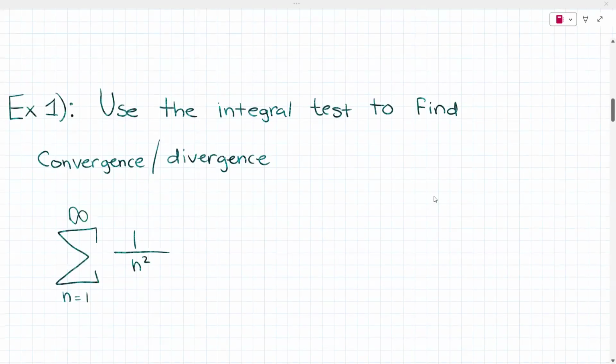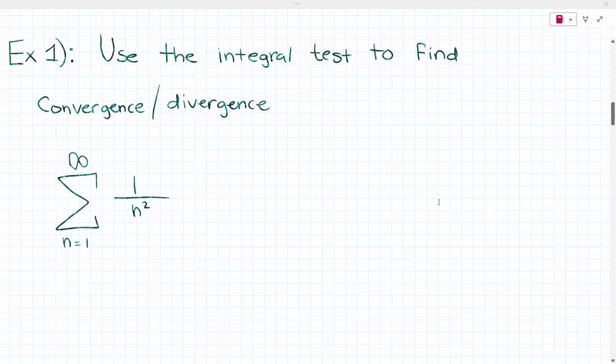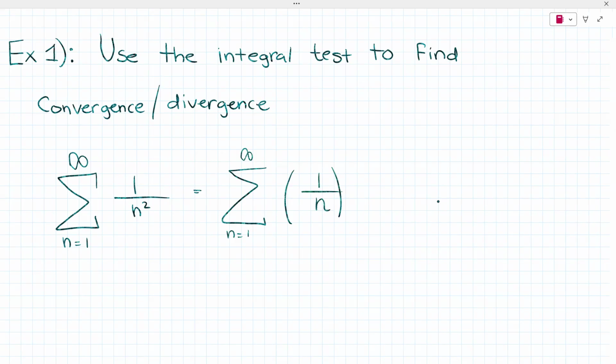So example one says, use the integral test to find the convergence or divergence. So we have the summation from n equals 1 to infinity of 1 over n squared. What I would do is maybe rewrite this. I think this could be a p-series, right? You can rewrite this as the summation.